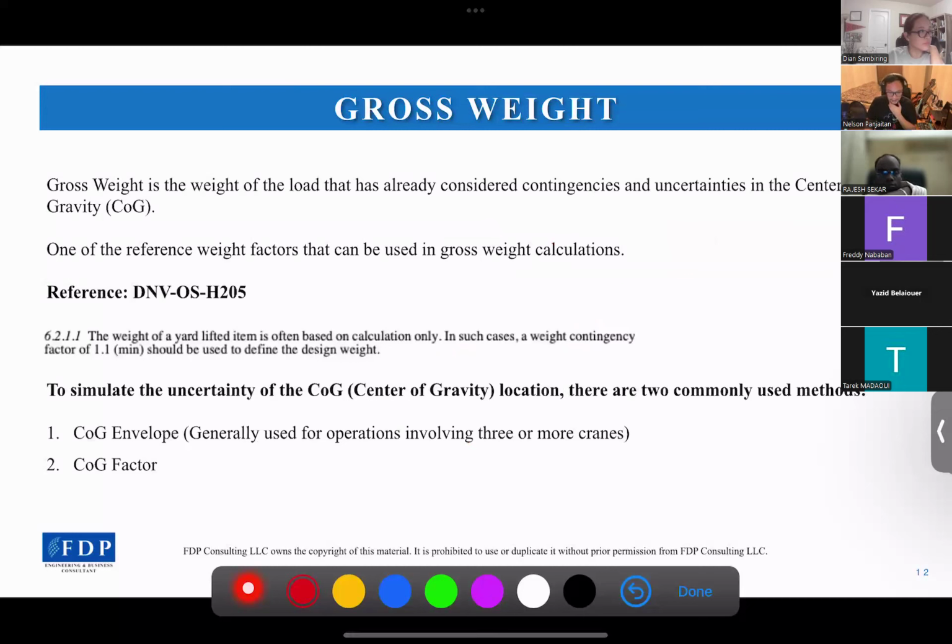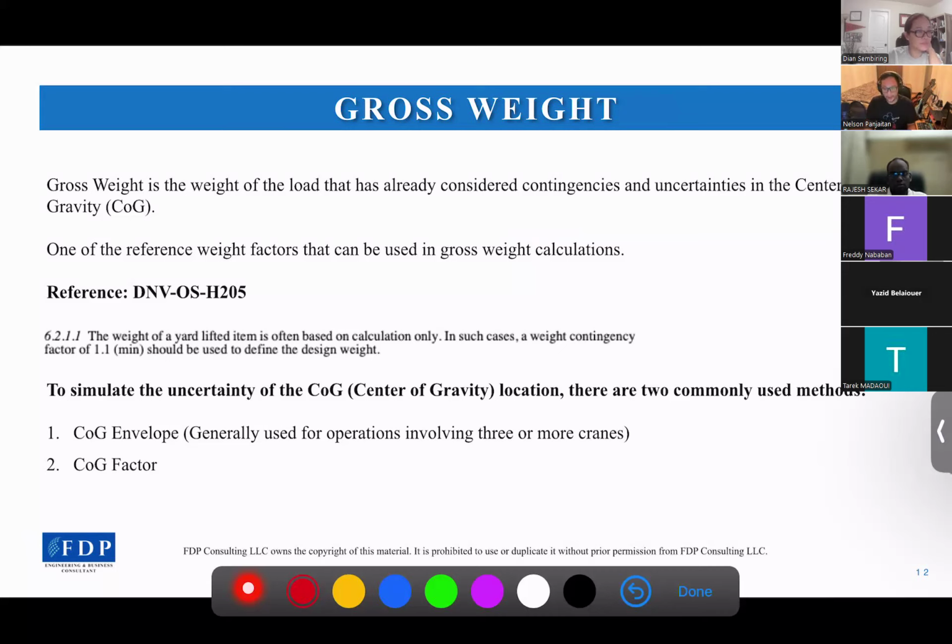Next one is about the gross weight. Gross weight is the weight of the load that already considers contingencies and uncertainties of COG. One reference that we can use to estimate the gross weight is DNV OSH205 in section 6.2.1.1.